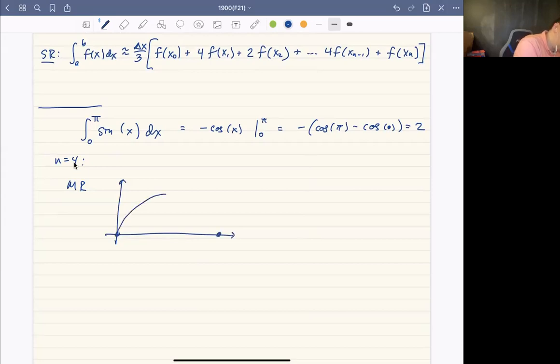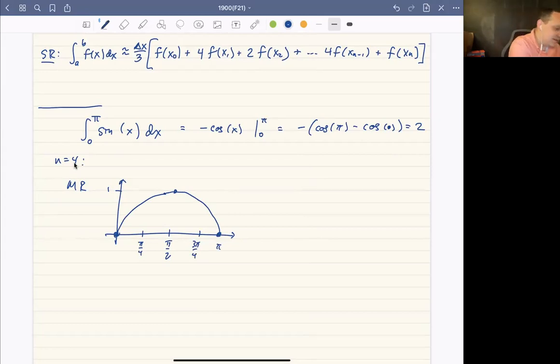We have sine, which looks roughly like that. We know at pi over 2, it's going to be 1, and at 0 and pi, it's 0. We're going to split this up into 4 regions: from 0 to pi over 4, pi over 4 to pi over 2, pi over 2 to 3 pi over 4, and then finally from that to pi.